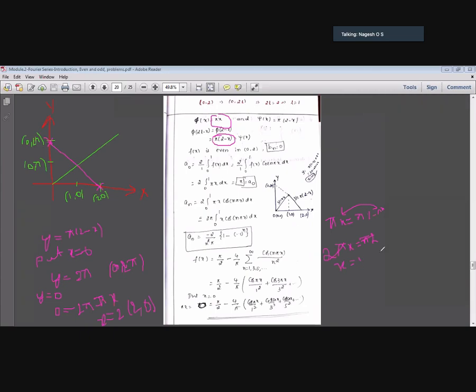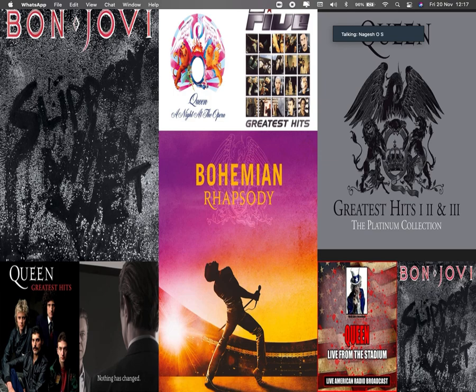So when x equal to 1, y is pi. So 1 comma pi is the point of intersection. This is the graph, 0 comma 0. You have to write here y equal to pi x, and this one is y equal to pi into 2 minus x. Okay, this is the graph.